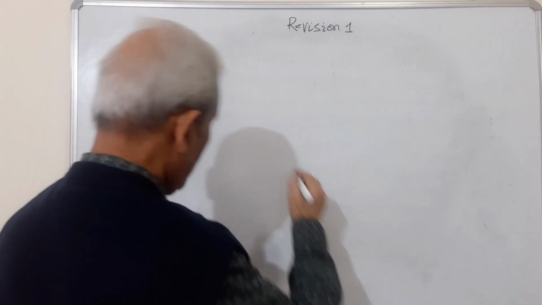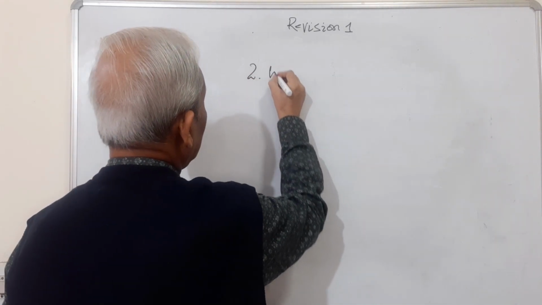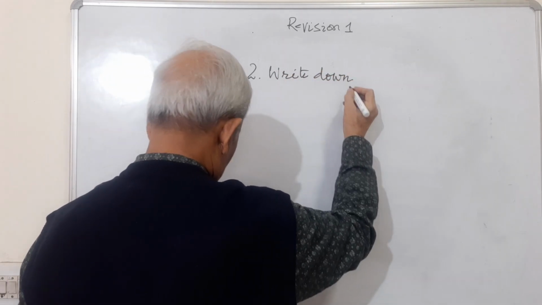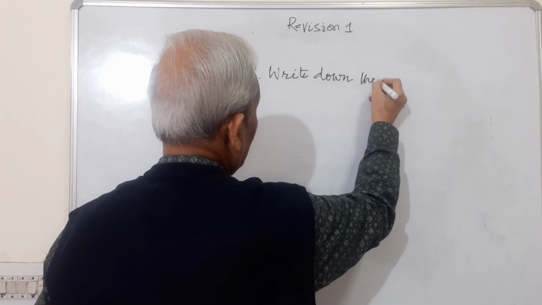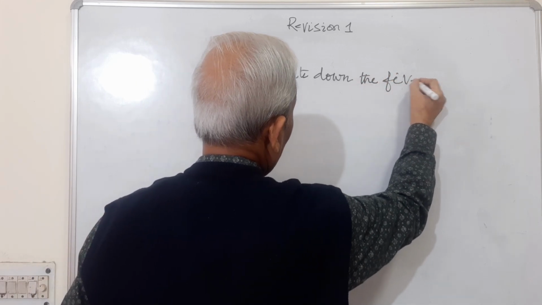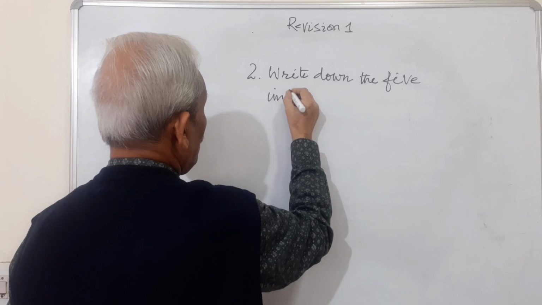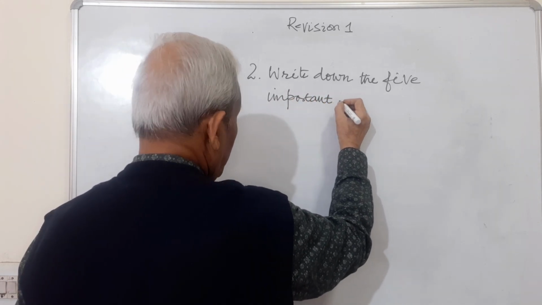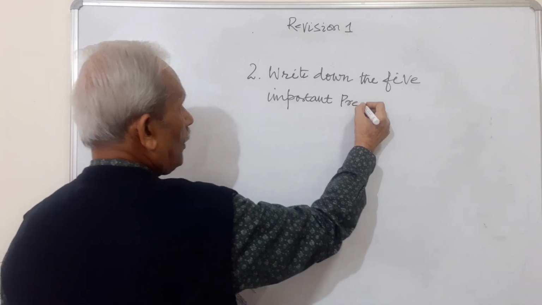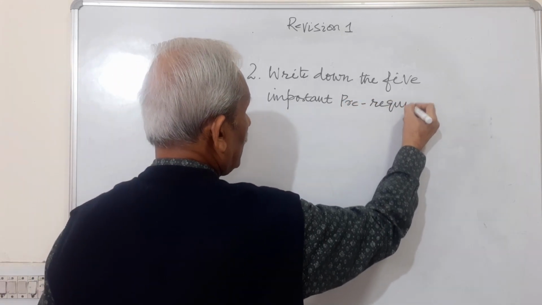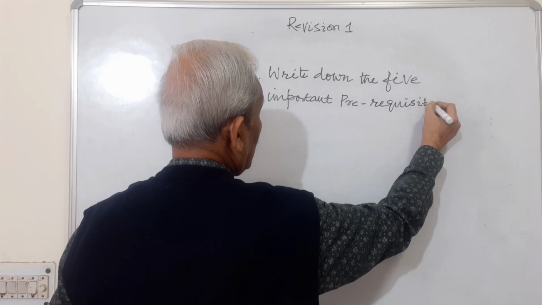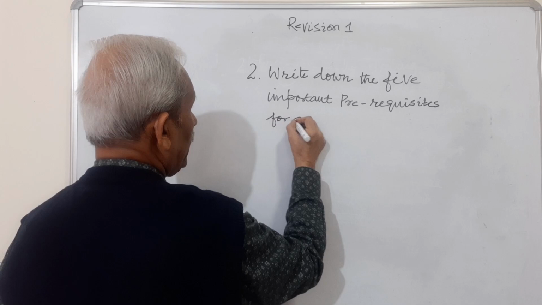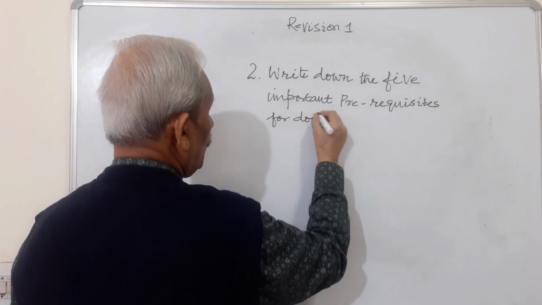Question number 2. Write down the 5 important prerequisites for doing quick calculations.